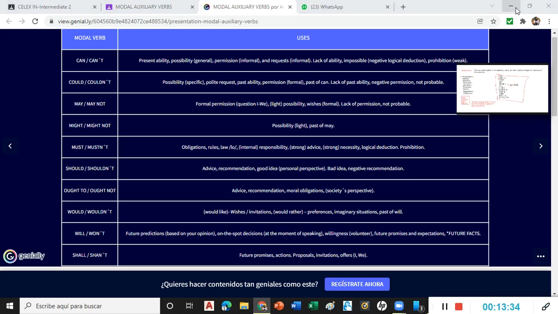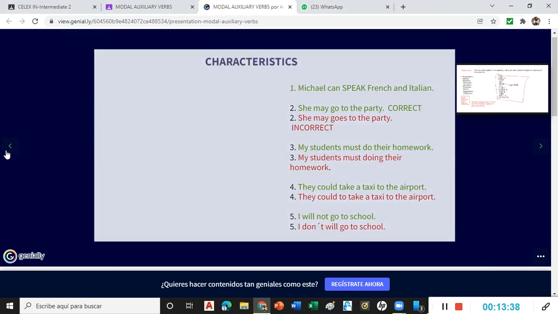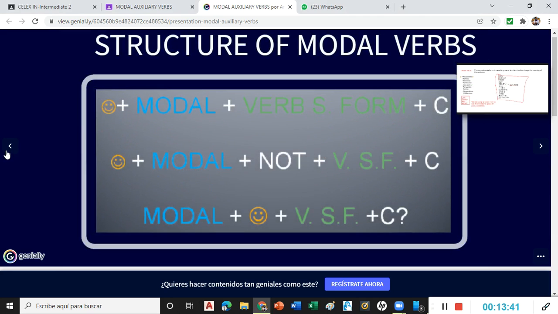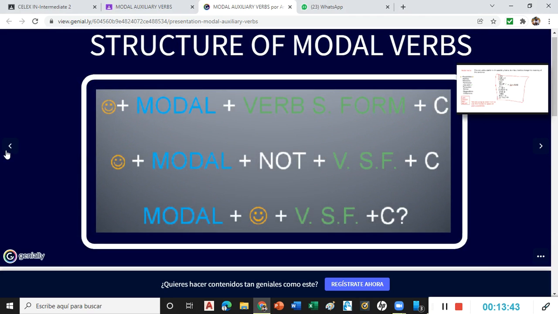This is true when I speak of present situations or even future situations. When I want to speak of past situations, the problem is that this is not going to be the structure anymore, okay? Let's check how we are going to use the modal verbs for past situations.